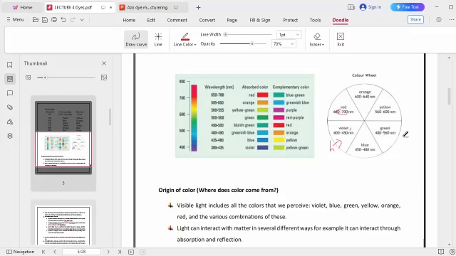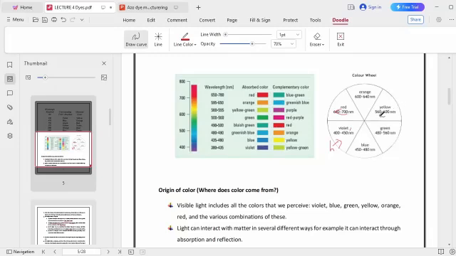So we see the complementary color. And as you can see on this color wheel, green is complementary to red, violet is complementary to yellow, blue is complementary to orange. So if a molecule absorbs blue, it will reflect orange. If it absorbs violet, it will reflect yellow, and we will see yellow.